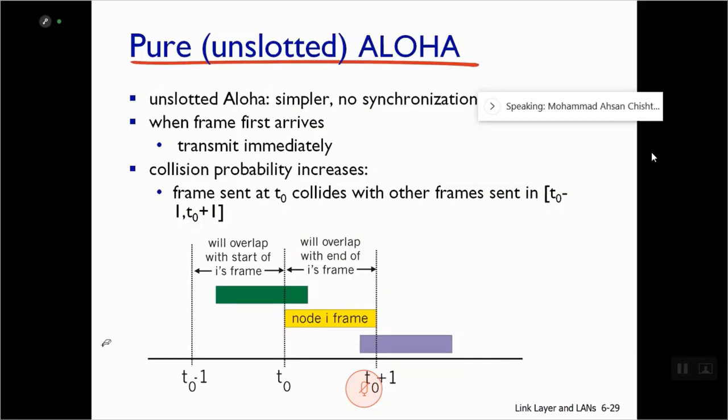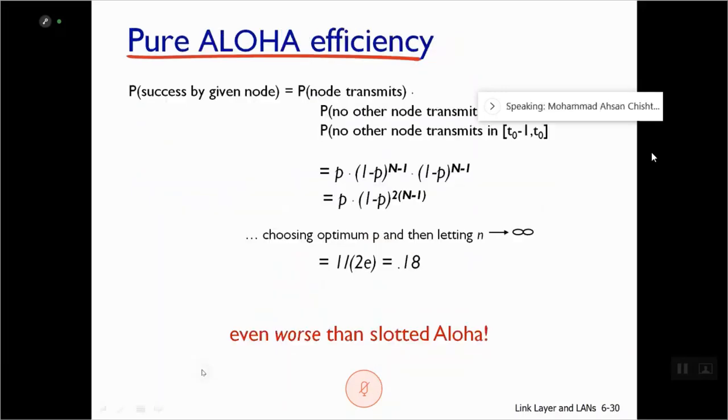Typically, it is said that the efficiency of pure aloha is half of that of slotted aloha. Here we have p(1 - p)^(2(n-1)). So this means that it is even worse than slotted aloha.